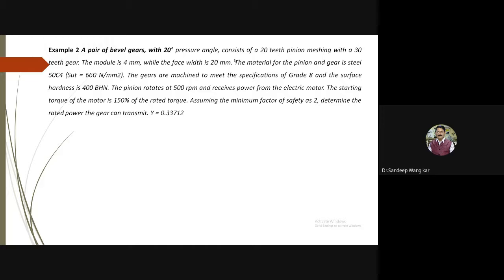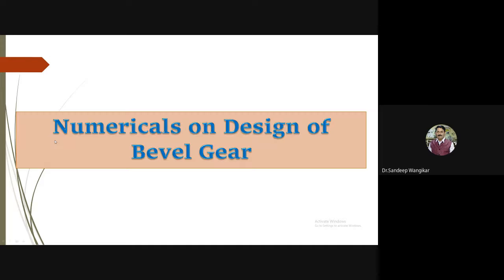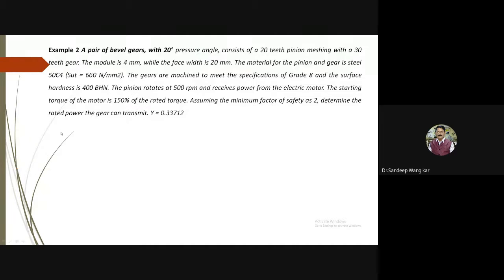Okay, so let us write what is given. We have read the complete numerical, and let us write what is given for this particular numerical, and then we will start the numerical.